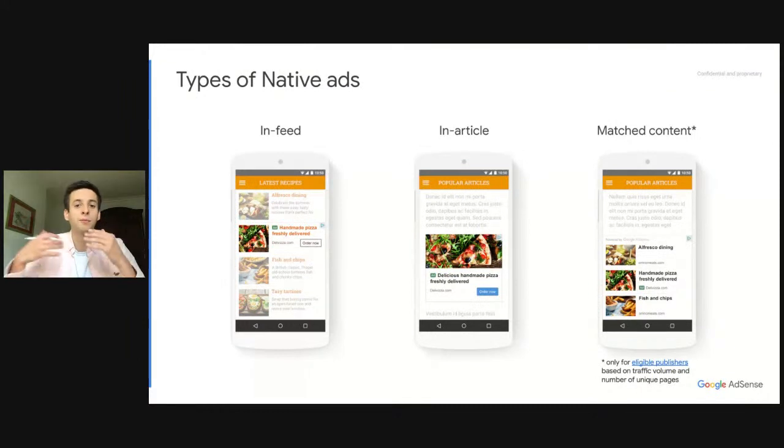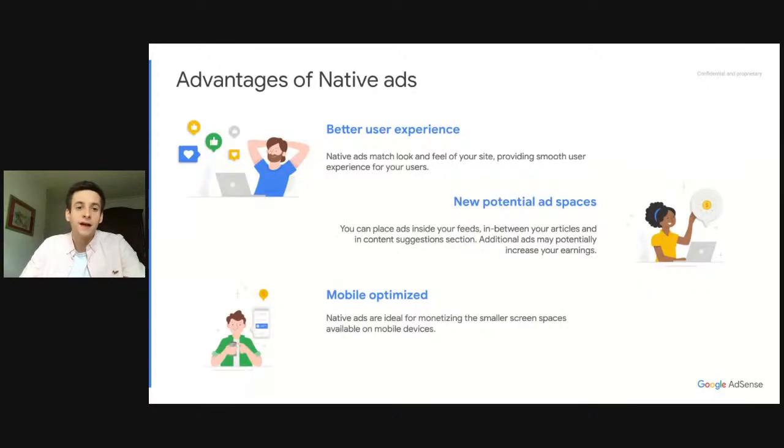They don't necessarily replace your display ad units, but they might be a way to add new ad units to your website. If we look at the next slide, you'll see there are three main advantages to native ads. The first is that they offer, in general, a better user experience because they match the look and feel of your website. They integrate better into the design and thus don't have the same experience as display ad units.